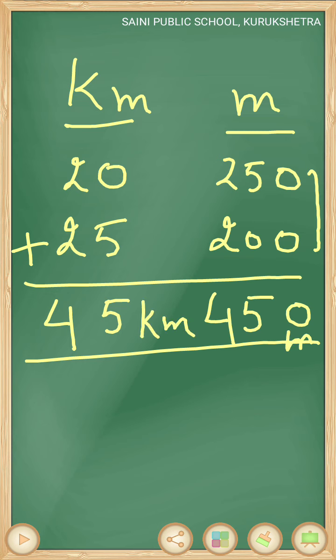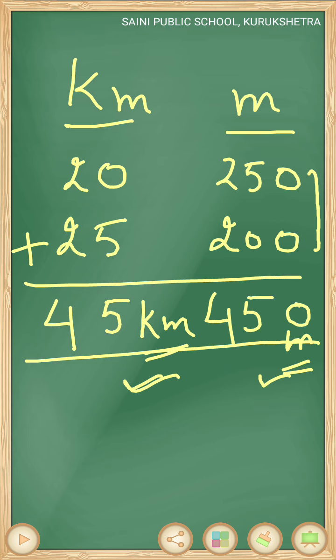So our answer is 45 kilometer 450 meter. So the total distance covered by Seema in 2 weeks is 45 kilometer 450 meter. Remember to write the unit every time, kilometer and meter. You have to write units after solving the addition.